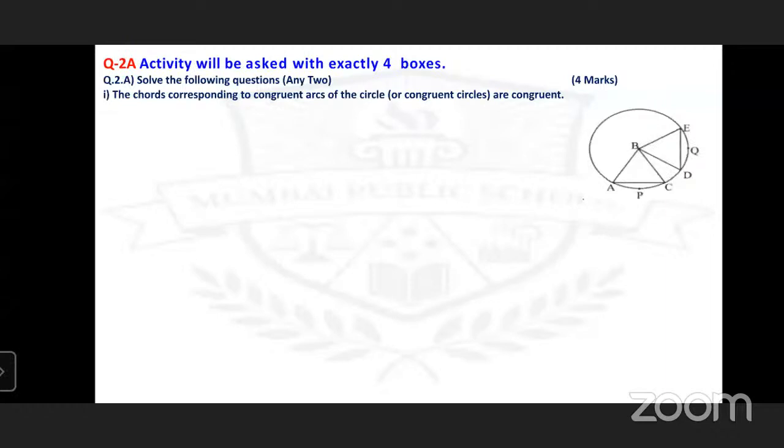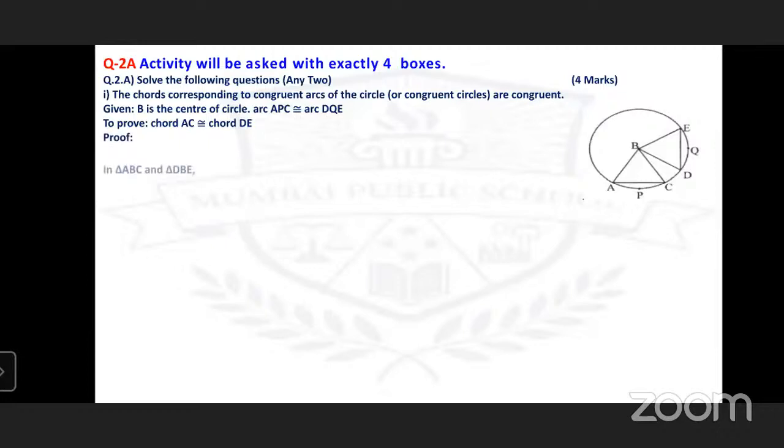So they are the chords corresponding to congruent arcs. Congruent arcs of the circle are congruent. So the given is like that. B is the center of the circle and arc APC is congruent to arc DQE. See in the figure, APC is congruent to DQE, that is the arc. Now to prove, we have to prove here that chord AC is congruent to DE. This we have to prove in this question.